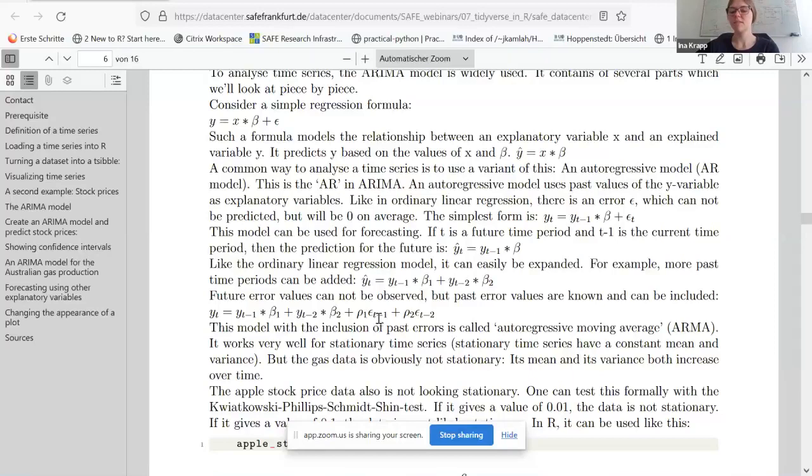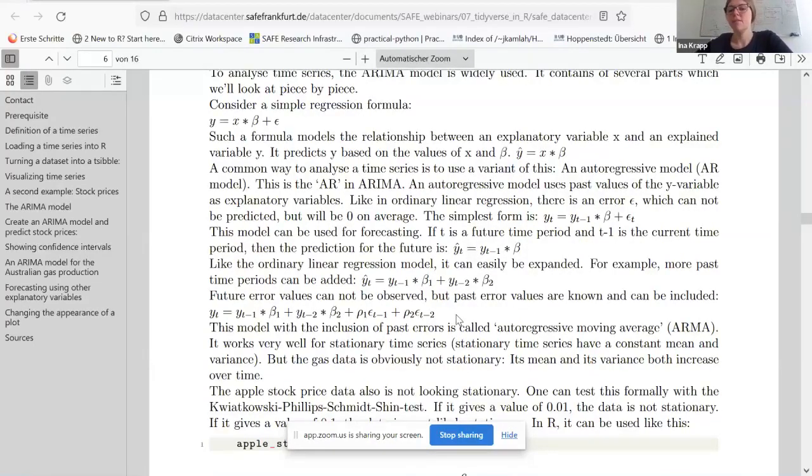So as soon as this e_t has a past index like t minus 1 or t minus 2, it is no longer a random variable because this is a past error that has happened. We can observe it and simply include it in the data for future predictions.